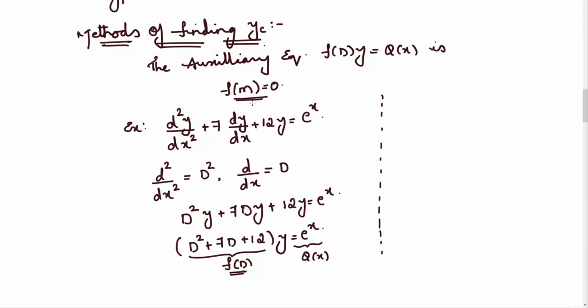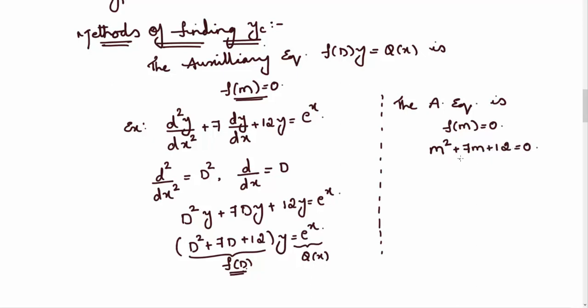Instead of D, put m. So the auxiliary equation of the given differential equation will be f of m is equal to 0. So instead of D, put m. Then that will be m square plus 7m plus 12 is equal to 0.